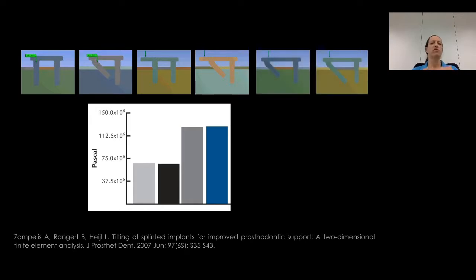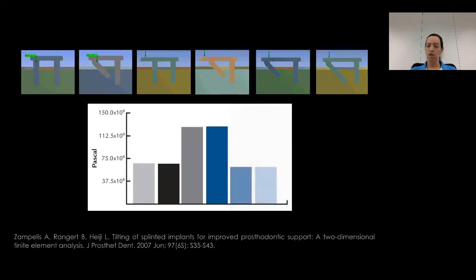Now, does it matter if the implant is longer or shorter? Will it affect the stress that is produced around the implant? Actually, not. The implant itself, being bigger or smaller, does not affect the stress produced around it.